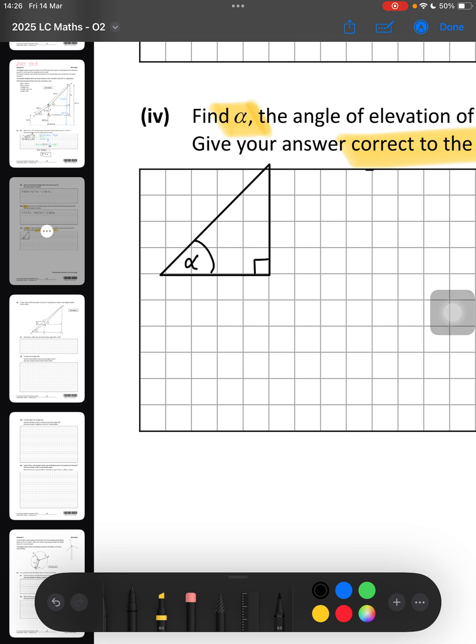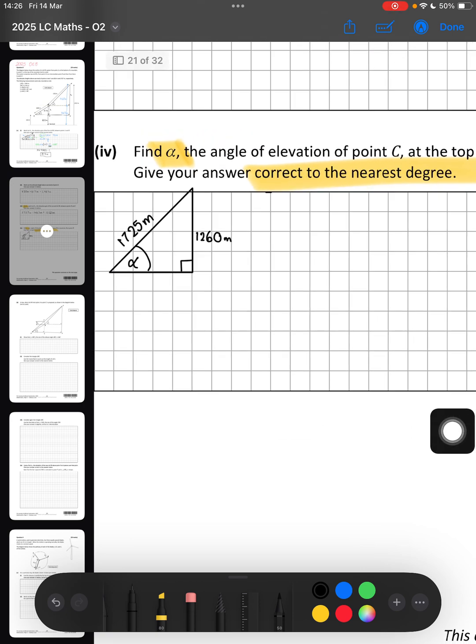They gave me that this length here was 1725 meters. And I just figured out that this height here was 1260 meters. Okay, so I need to find A, so I am using SOHCAHTOA again.